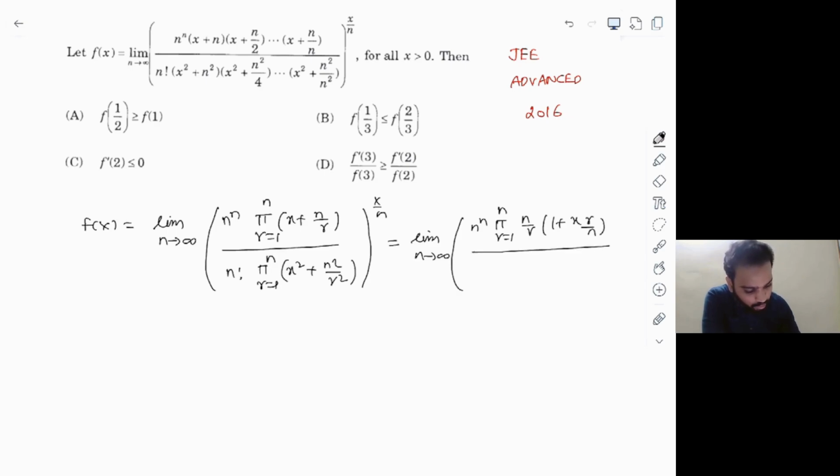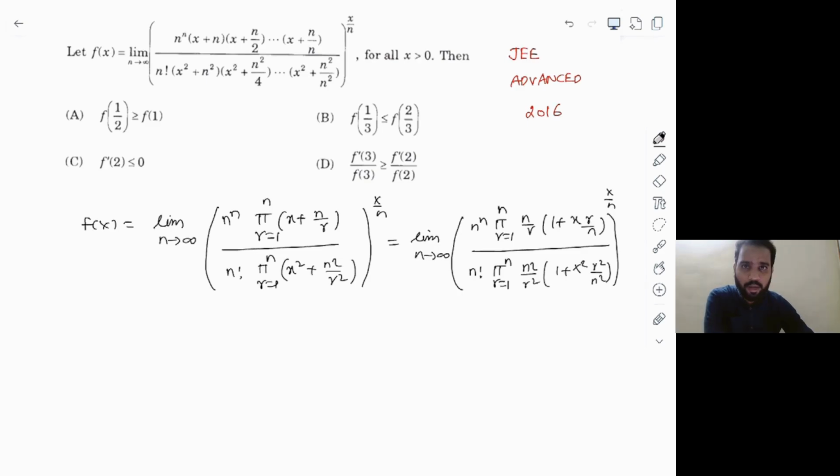Similarly, in the denominator also, I am going to write it in this way. Observe n factorial into pi r equals 1 to n, and in the denominator obviously I am going to take n square by r square common. So n square by r square multiplied by 1 plus x square into r square divided by n square, whole to the power of x divided by n. Okay, this is the first thing that I'm going to do here.